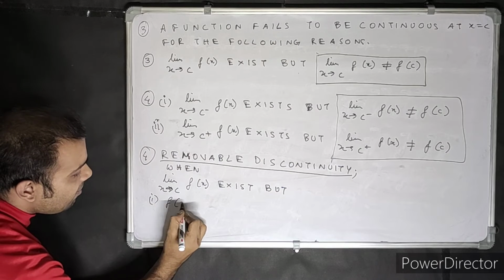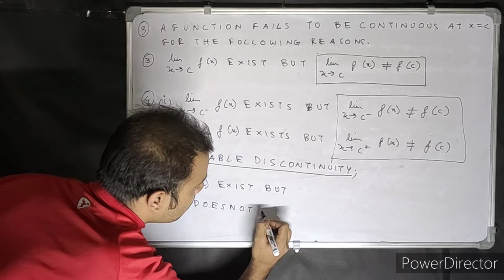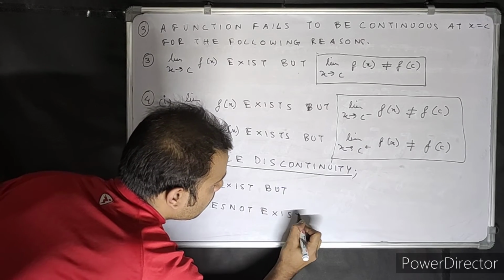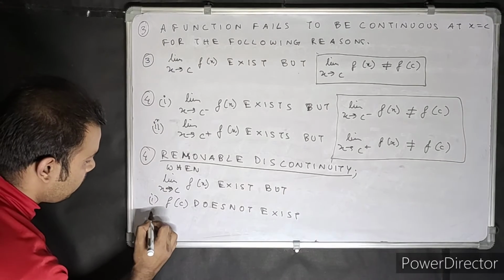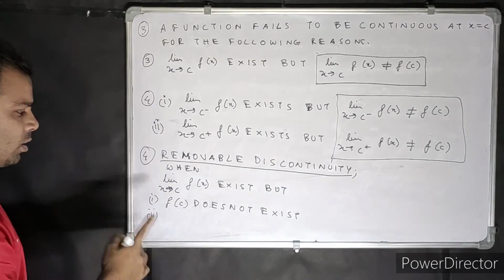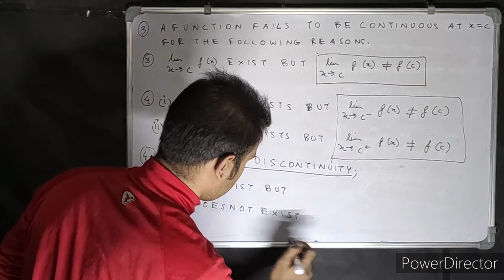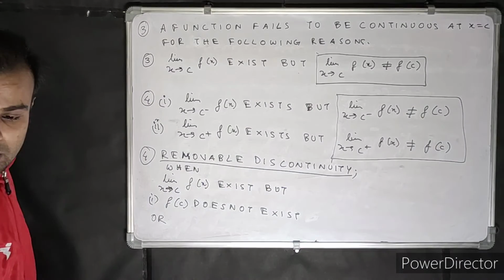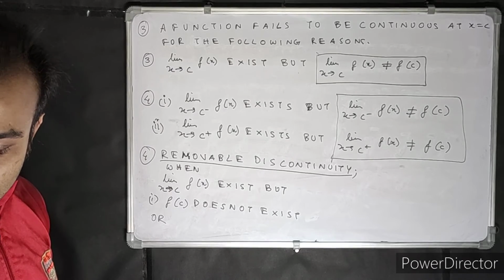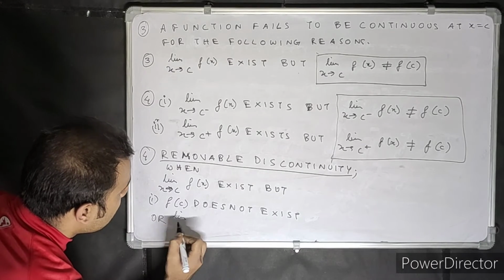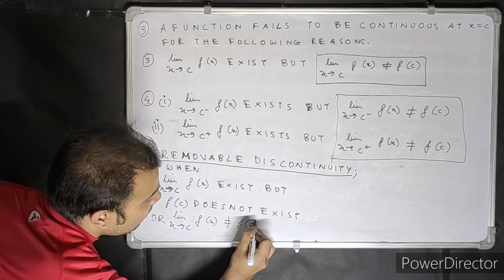One, f of c does not exist, or you can put an or, when the limit of this exists, but either f of c does not exist or limit of x tends to c f of x is not equal to f of c.